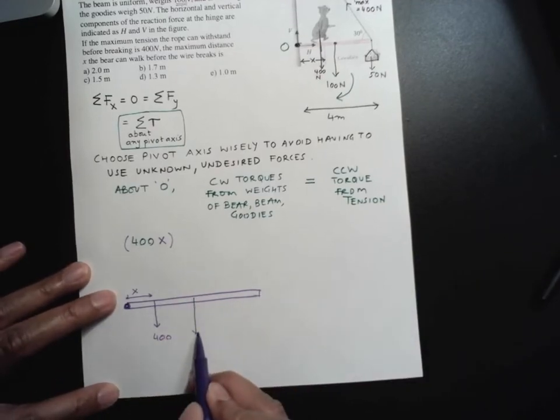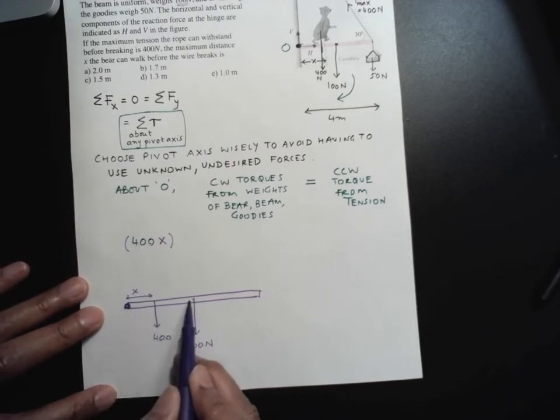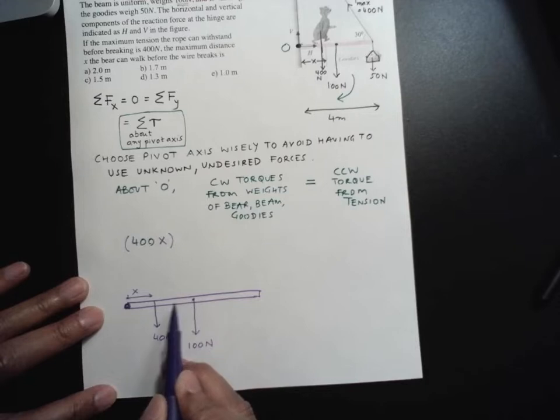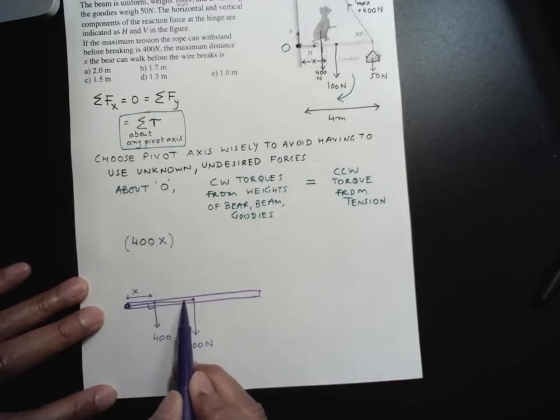Then there is the 100 Newton, and again R is the distance from the pivot axis to where the force is, R cross F. The cross product involves the sine of the angle between them, and you'll notice that it's always 90 degrees.